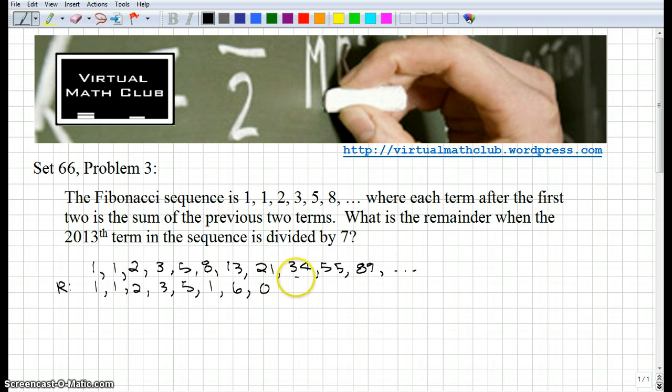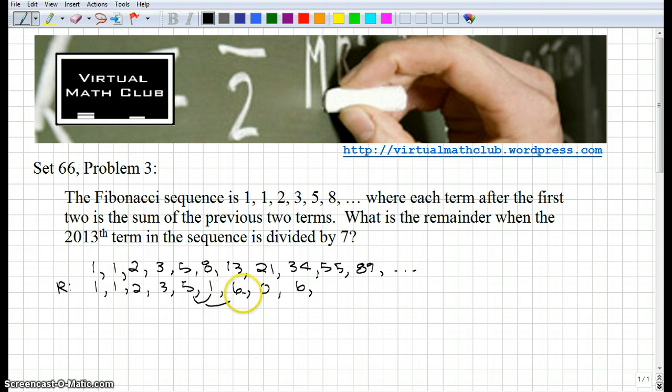Then we can go on to 34. Divide that by 7. That's going to go in 4 times, 28, with a remainder of 6. So you might notice here, this matches the Fibonacci sequence, but the remainders are also a Fibonacci sequence. Do you see that? 1 plus 5 is 6.